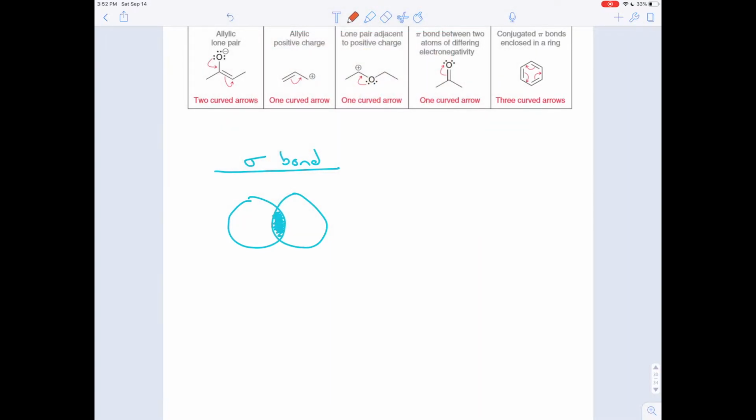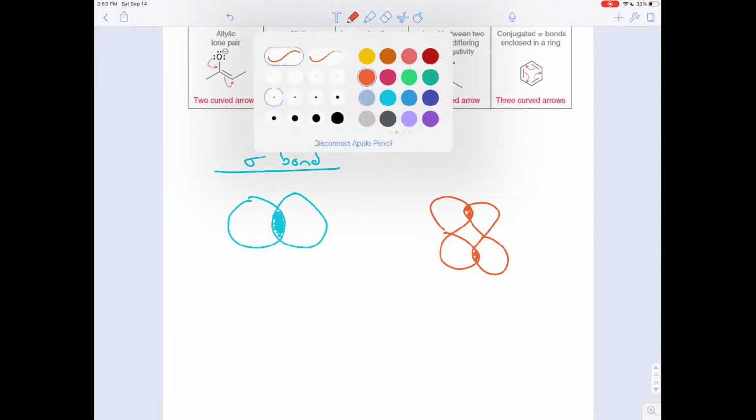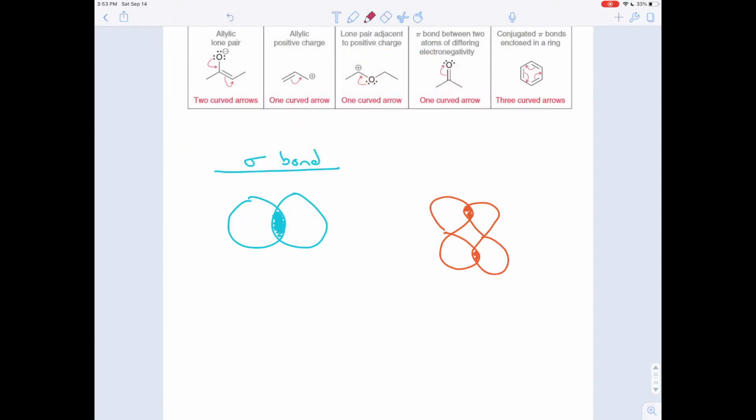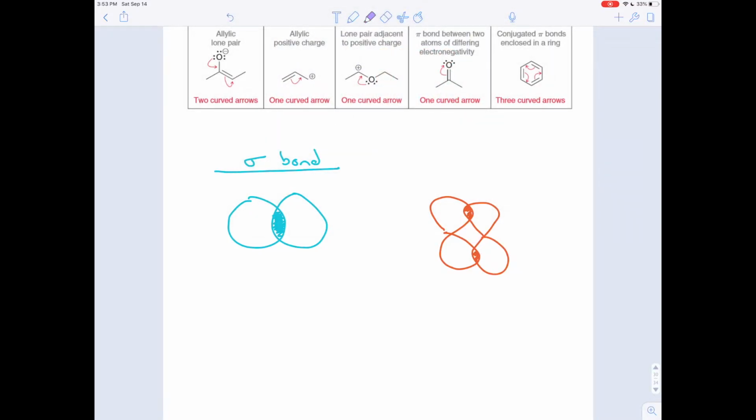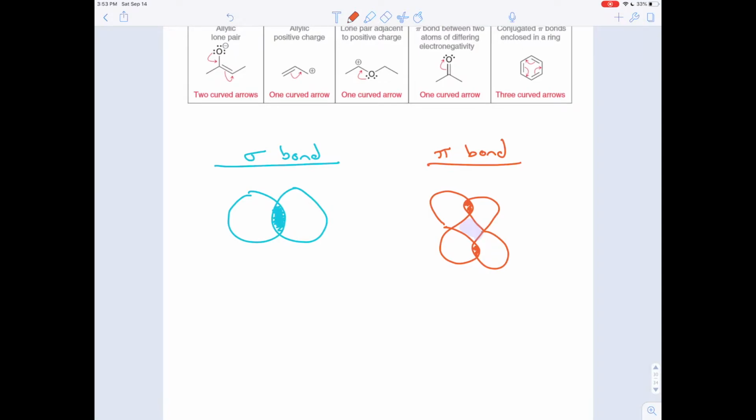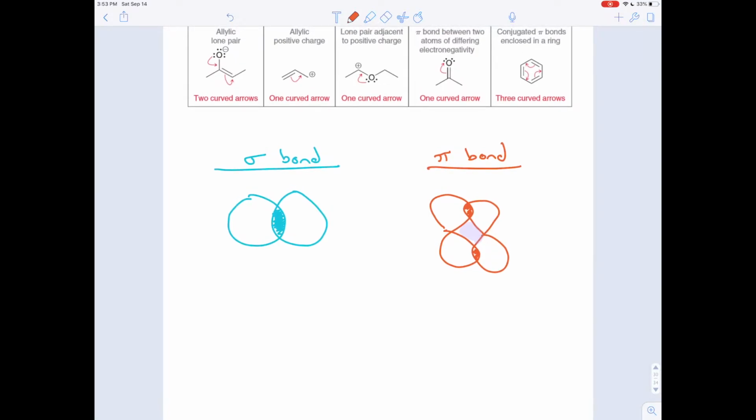On the other hand, if you have 2 orbitals like p orbitals that overlap, but there's an area in the middle where the overlap is interrupted, this purple area here, that's a weaker bond called a pi bond. And it's weaker because the overlap is interrupted there. So these are the 2 types of bonds you can have.